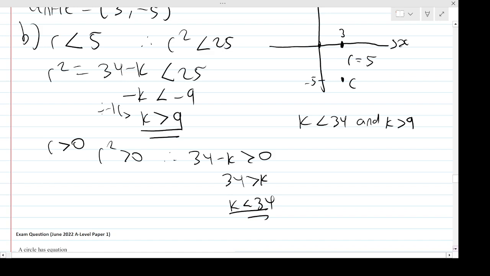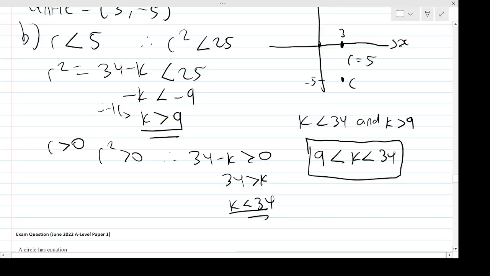But then I can combine them, and remember when we did our work on inequalities, we looked at combining two inequalities together. So if we had k is greater than 9, that's saying k has to be above 9, but also this is saying k has to be less than 34. So 9 is like the lower limit, and 34 is the upper limit. So k has to be between 9 and 34. Okay, and that's my final inequality.